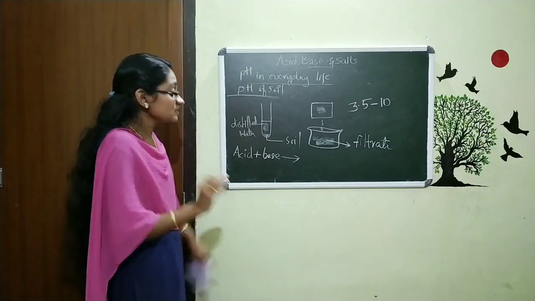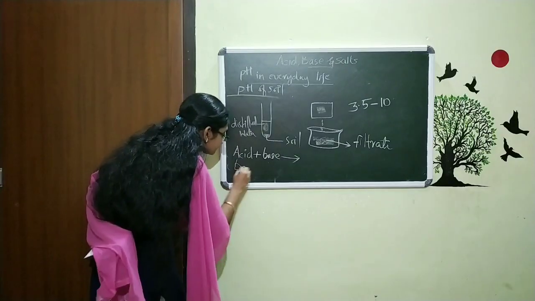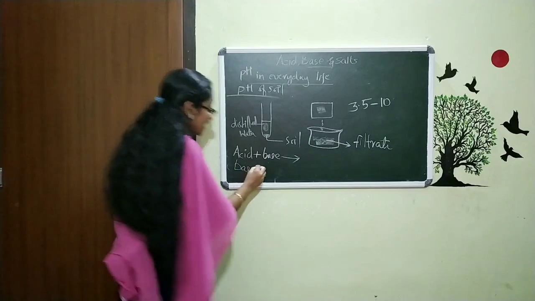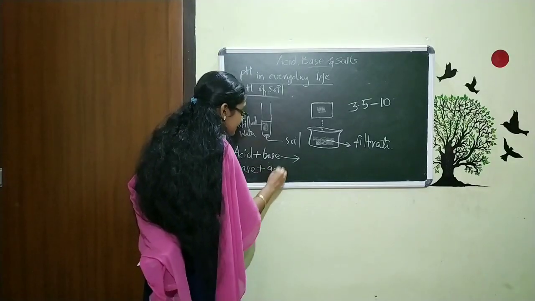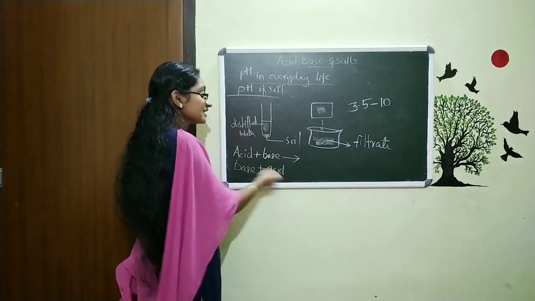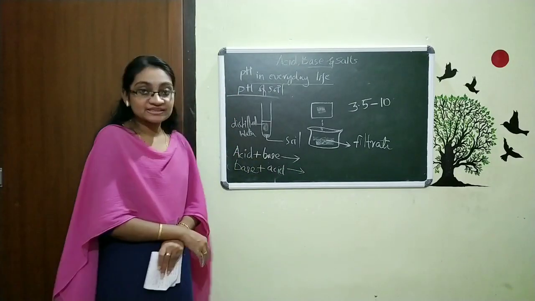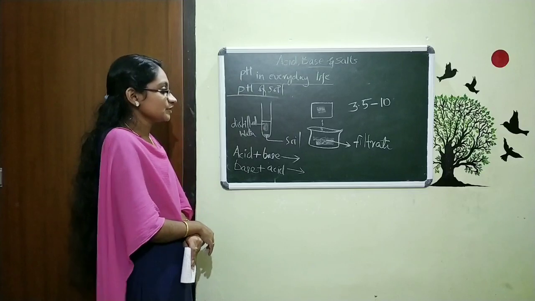Or if our soil has more base, we add certain substances which have an acidic nature, and when they react, we again cancel the effect of the base and the acid. So that's the thing we do.